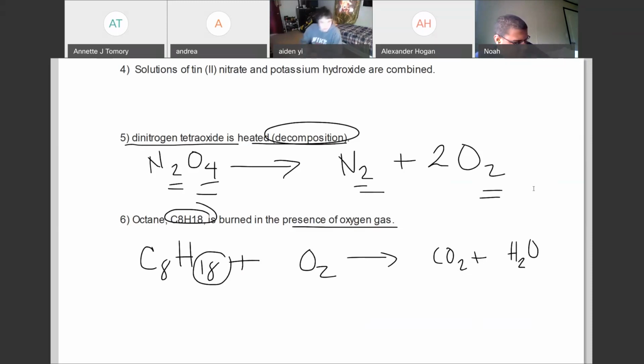If we divided that in half and put it on the right-hand side for water, what number would I put there? 9. So what would happen to the oxygens if I did that? There'd be 9 oxygens, which is an odd number. That's how I know by just glancing at it, it's going to be a pain in the neck.